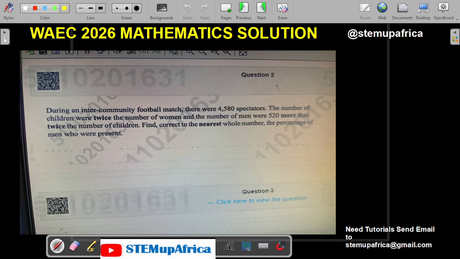So let's classify it to be any variable of choice. It could be x, it could be m, it could be y, it could be anything. And the number of men were 520 more than twice the number of children. So find, to the nearest number, the percentage of men who were present. So let's deal with the spectators.